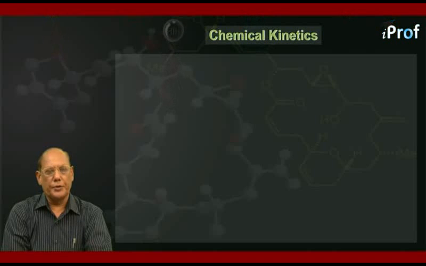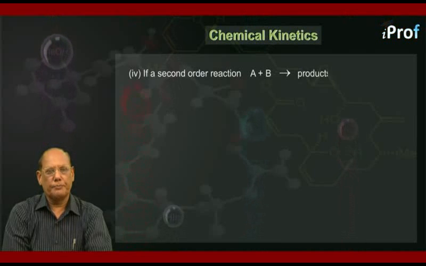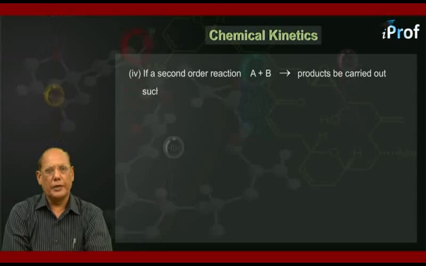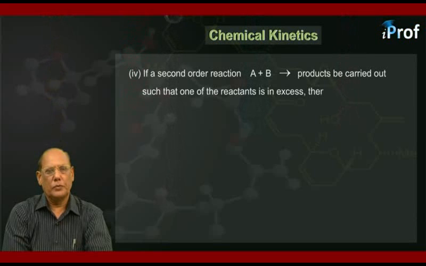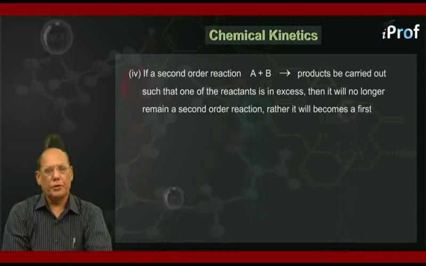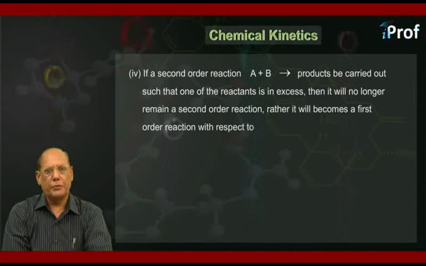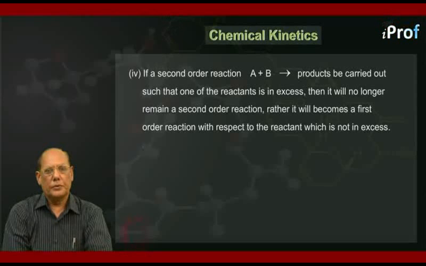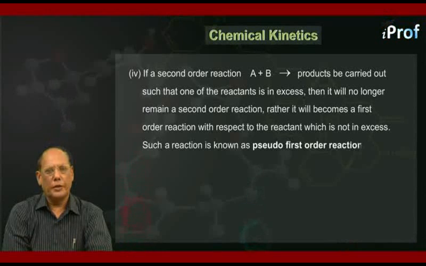The fourth characteristic is, if a second order reaction A plus B changing into products be carried out such that one of the reactants is in excess, then it will no longer remain a second order reaction. Rather, it will become a first order reaction with respect to that reactant which is not in excess. Such a reaction is known as pseudo first order reaction.